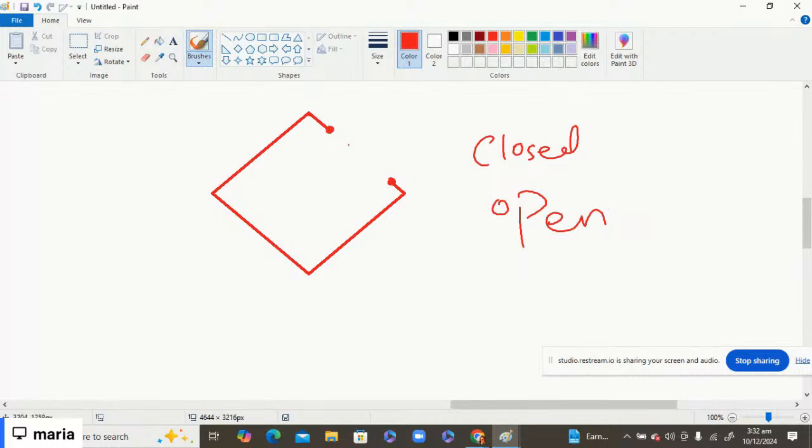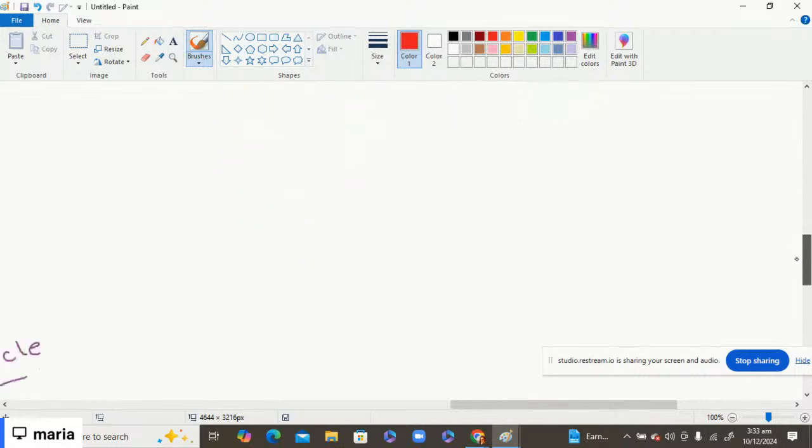There are two different points, ending point and starting point. This is your starting point, this is your ending point. So these are different. So this is closed or open? This is open shape. Okay, this is not closed.